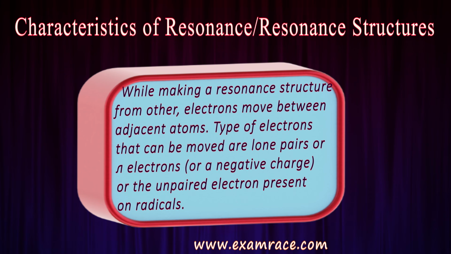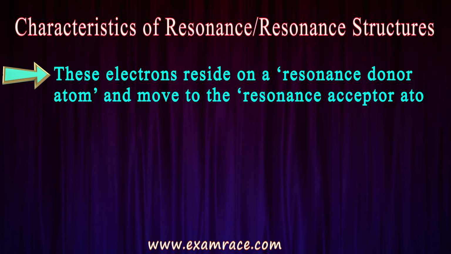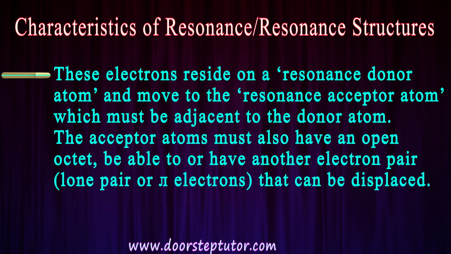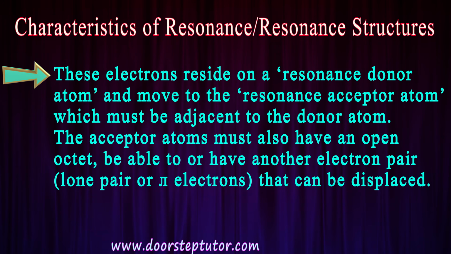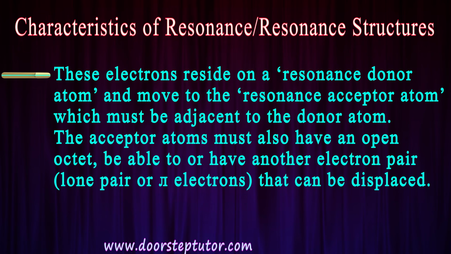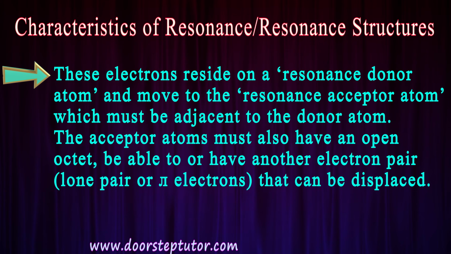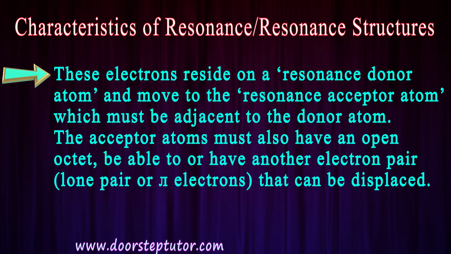The types of electrons that can be moved are lone pairs or pi electrons, or we can say the negative charge. We have also seen the movement of negative charge in the formate ion example. Or we can also say the unpaired electron present on a radical. These are the things which keep on moving in a resonating structure. These electrons reside on a resonance donor atom and move to the resonance acceptor atom, which must be adjacent to the donor atom. Here the word adjacent is very important, because the movement of electrons happens between adjacent atoms.